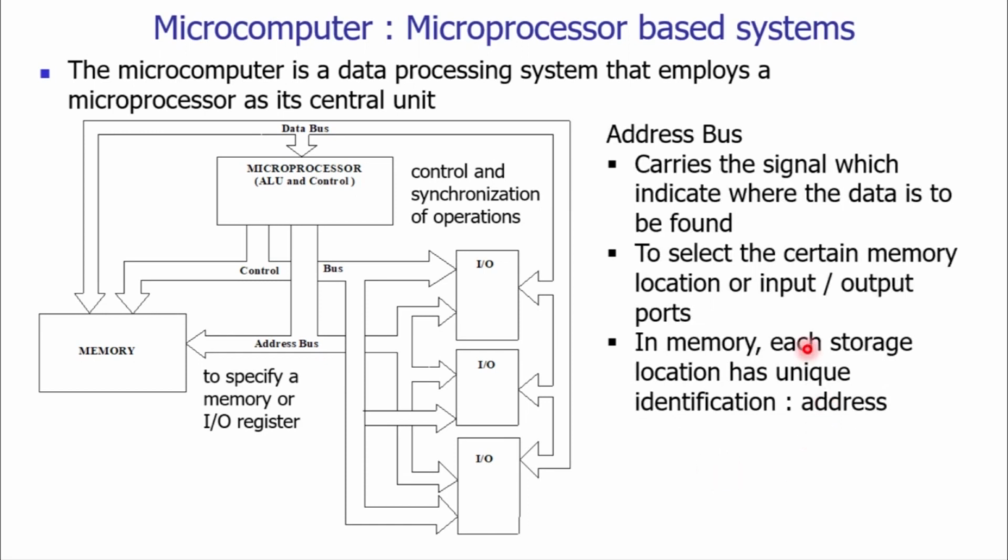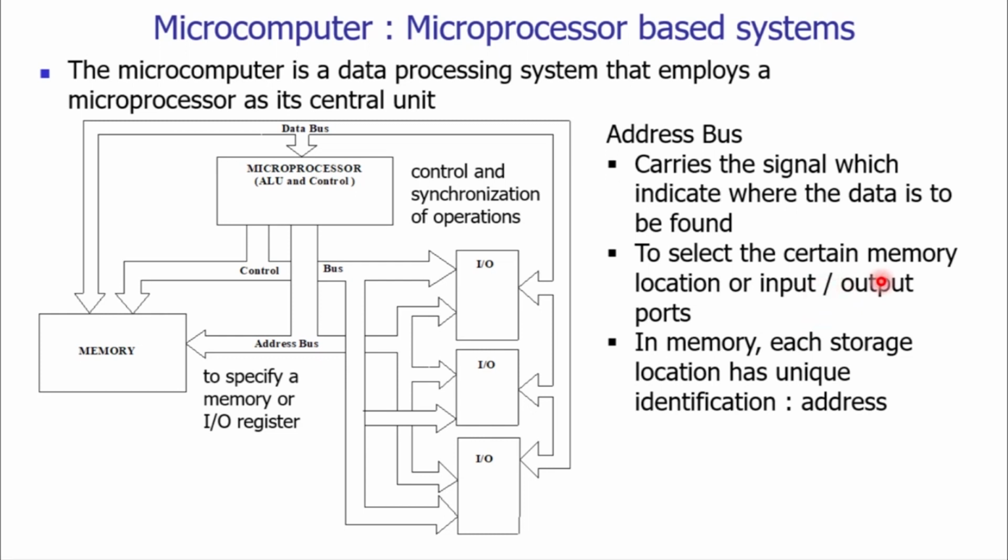The next bus is the address bus. It carries the signal which is indicating where the data is to be found. So it carries the information about the location of the data from which we have to fetch the data, or we have to load the data or write the data in the memory locations.